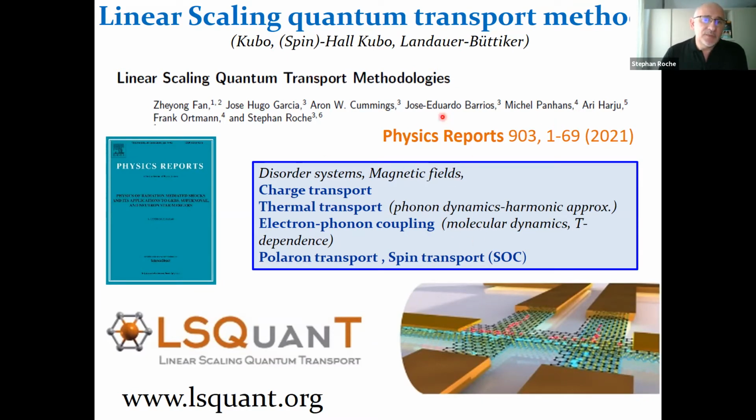Those methods are capable of dealing with charge, thermal or spin transport. They can also include the effect of temperature and electron-phonon coupling. You can also describe polaronic and ionic transport and a lot of other things.